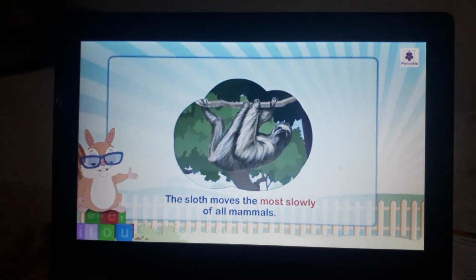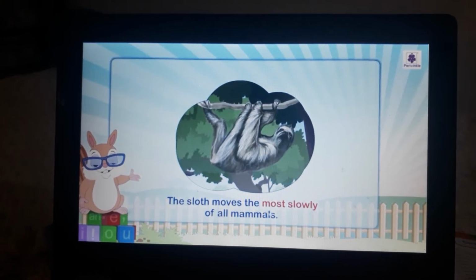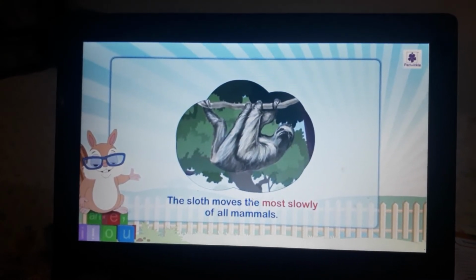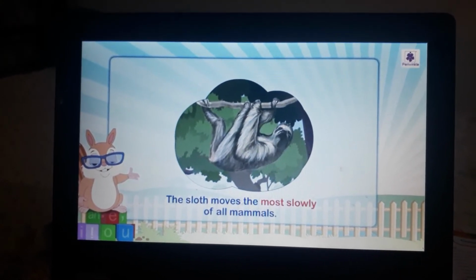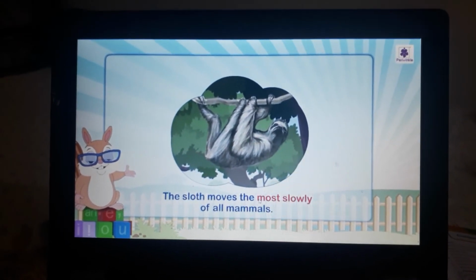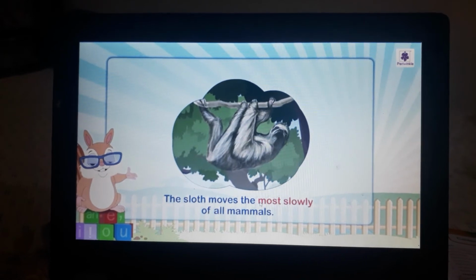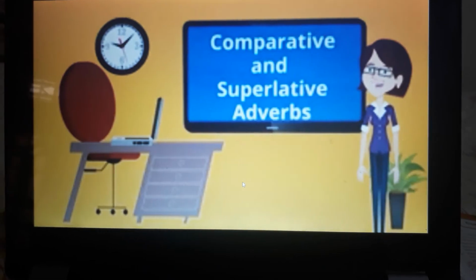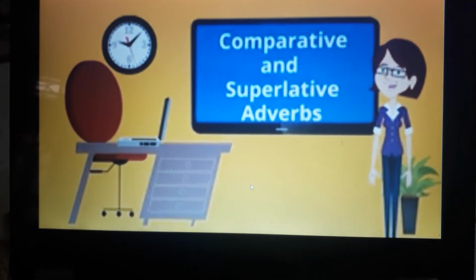The most slowly, okay. So here is a superlative degree. Which degree is used? Superlative degree, okay.